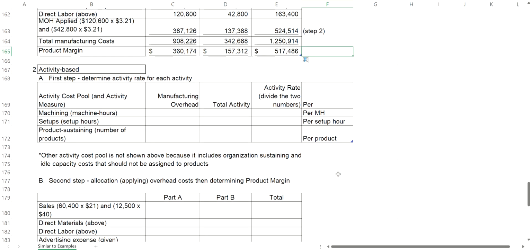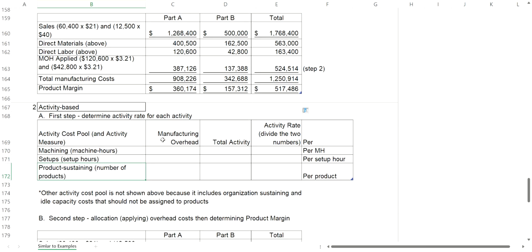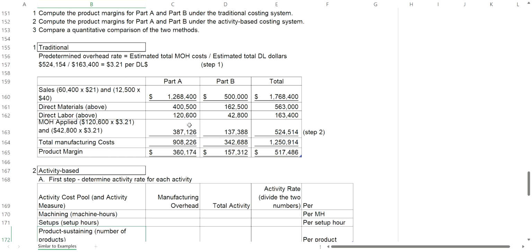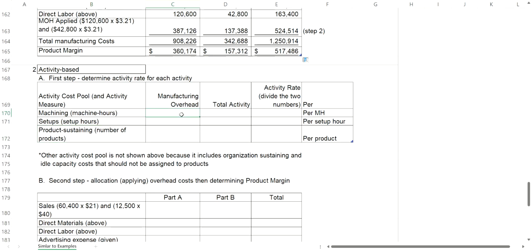Okay, now with activity-based, we are going to get an activity rate for machine hours, setups, and product sustaining. We'll come back to why I'm not doing it for the other organization sustaining in just a moment. So the first step is that we do have to get an activity rate, and we'll do that like we did in the traditional, but we will do it for each one of our activities.